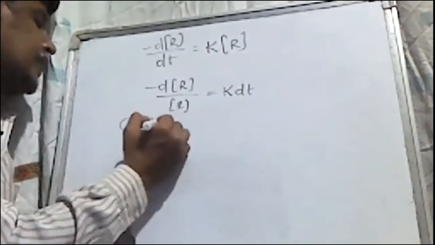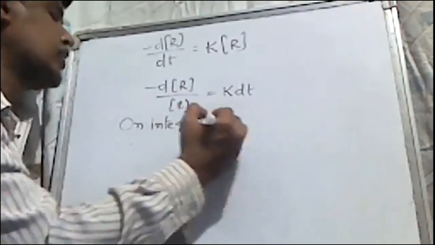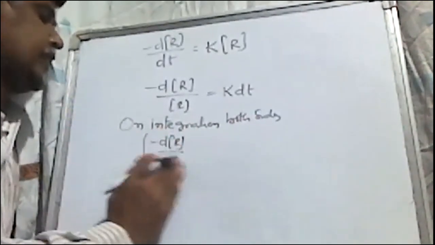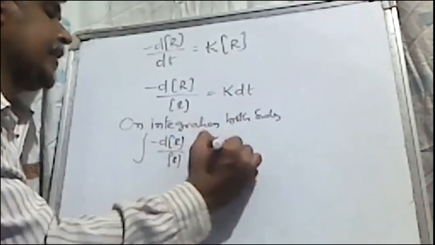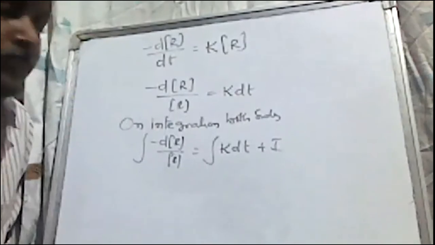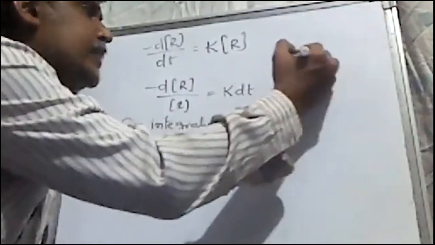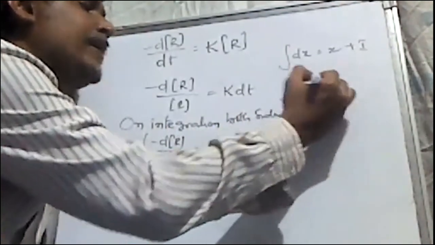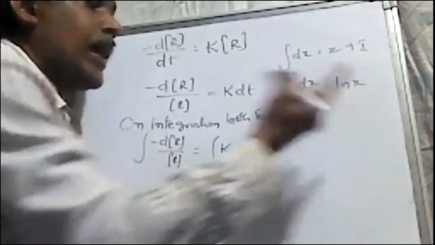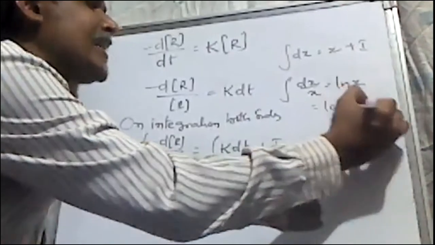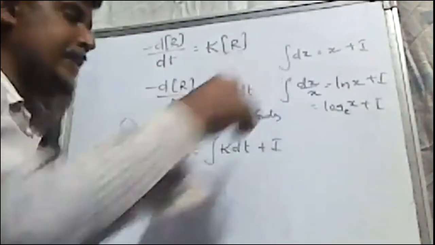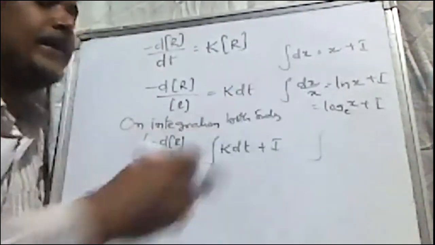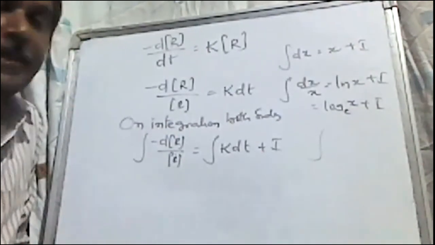On integration of both sides, like in the zero order reaction, the integral of minus dR by R is equal to the integral of K dt, and we need to keep some constant I. Previously, in my fourth video, I discussed that the integral of dx is x plus constant I, and the integral of dx by x is ln x plus I. The integration symbol is like this, and we read it as the integral.